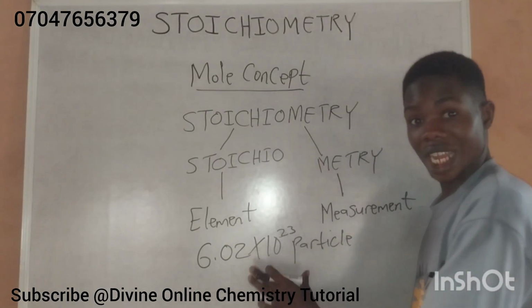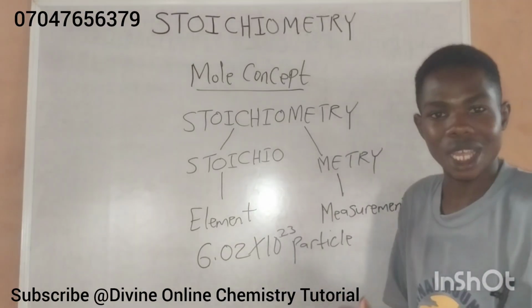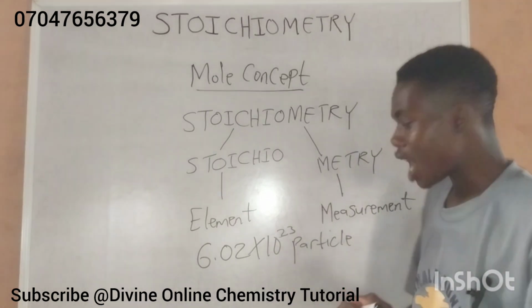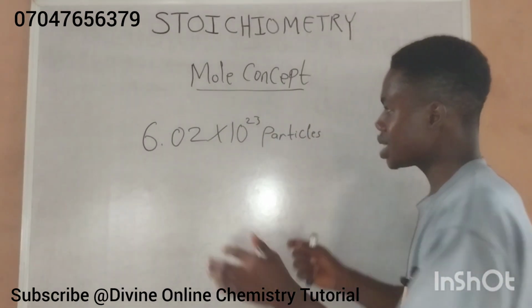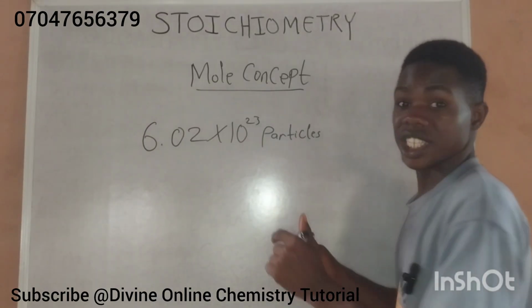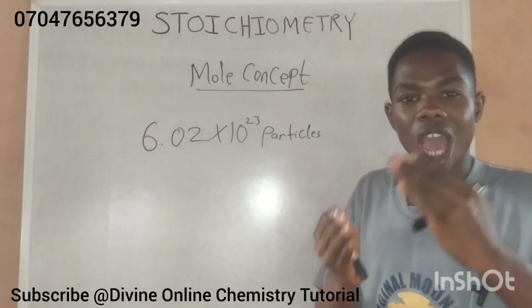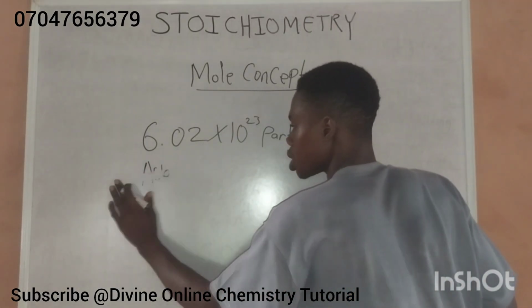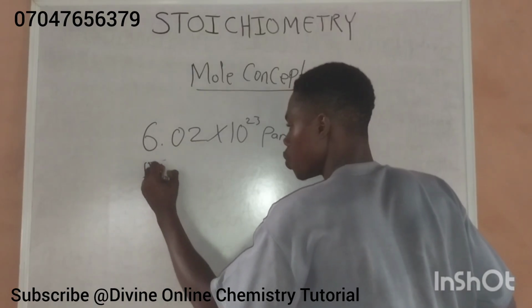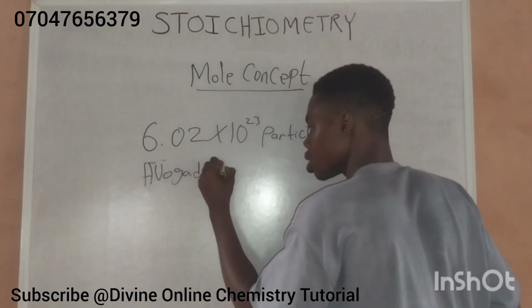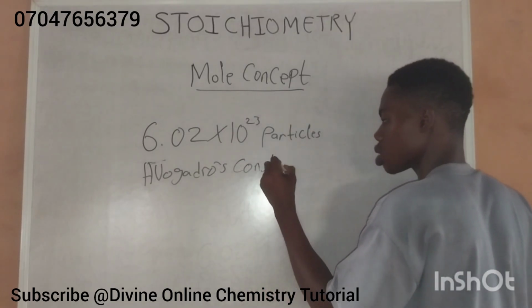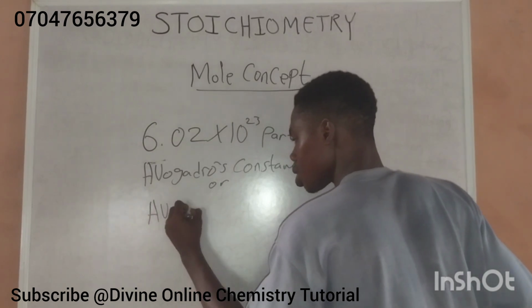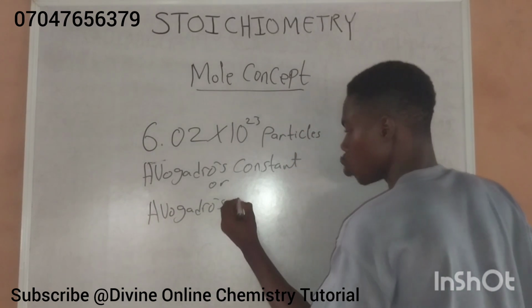Now, this 6.02 times 10 raised to the power 23 particles is known as Avogadro's constant or Avogadro's number.